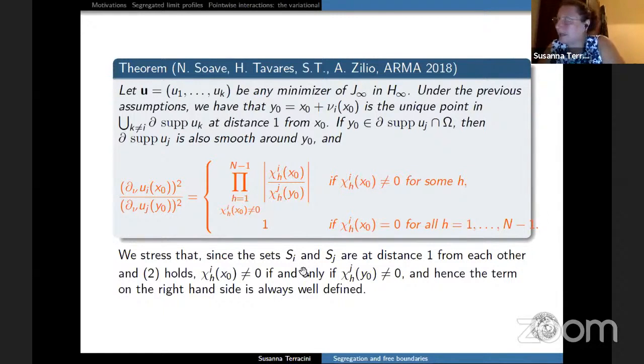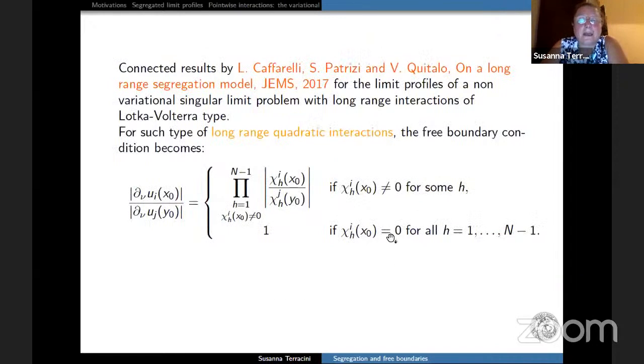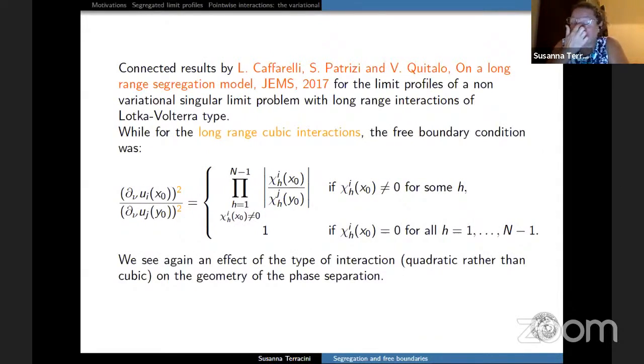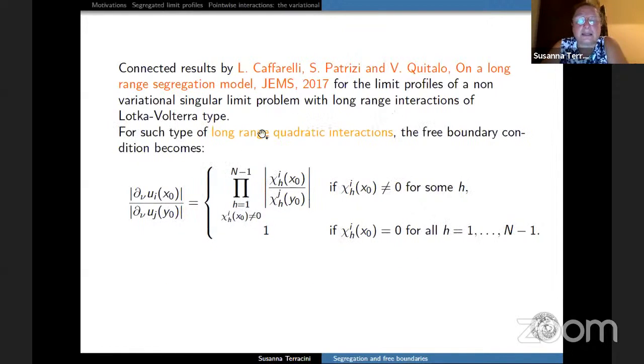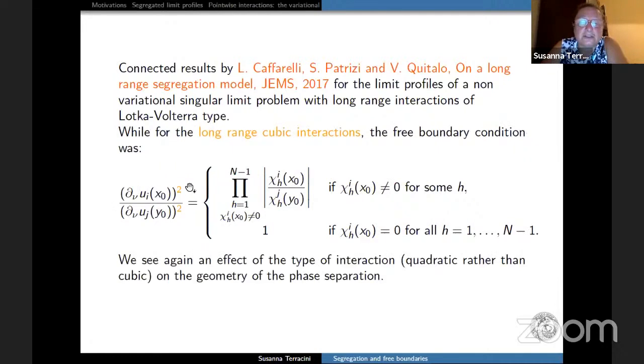Something which may be interesting to point out is that there was a previous study by Caffarelli, Patrizia, and Título regarding the quadratic interaction with long range, and they found a similar extremality condition, but here before we had the square.